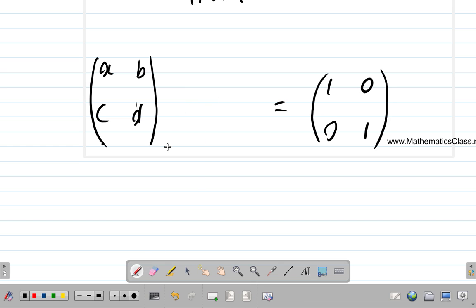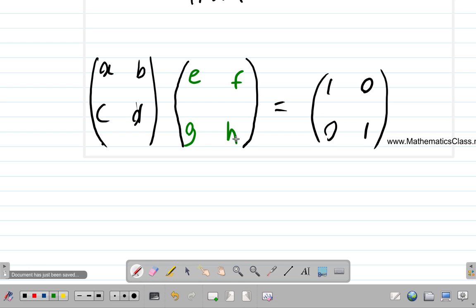Now, this inverse is a matrix. This is a 2 by 2 matrix as well. So, I'm going to say you multiply it by, let's say, this is A, B, C, D. Let's say these are E, F, G, H. The question is, what is E equal to?